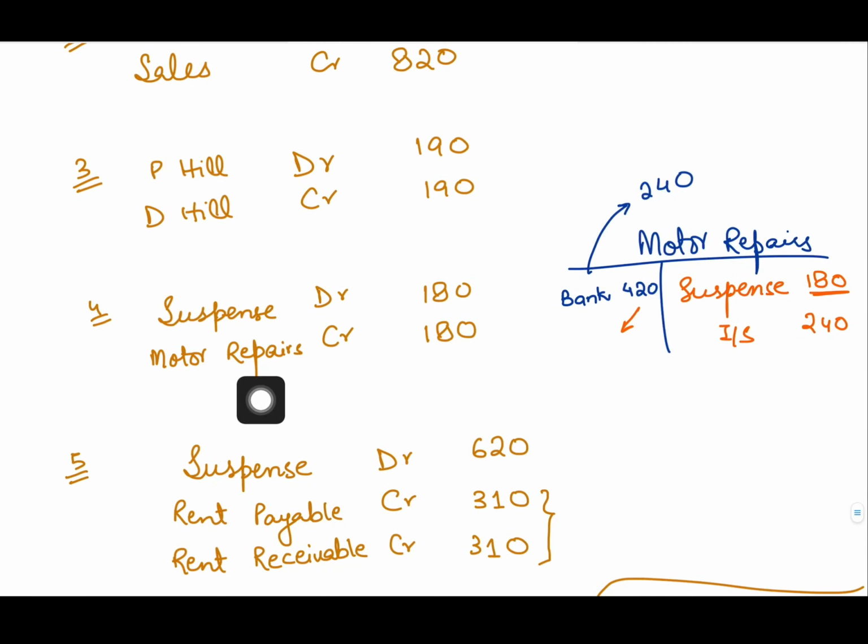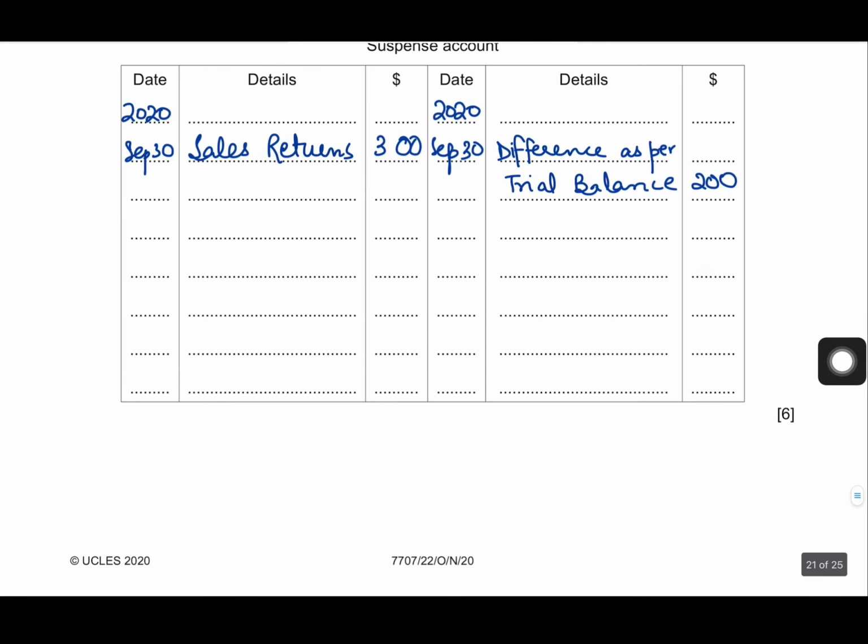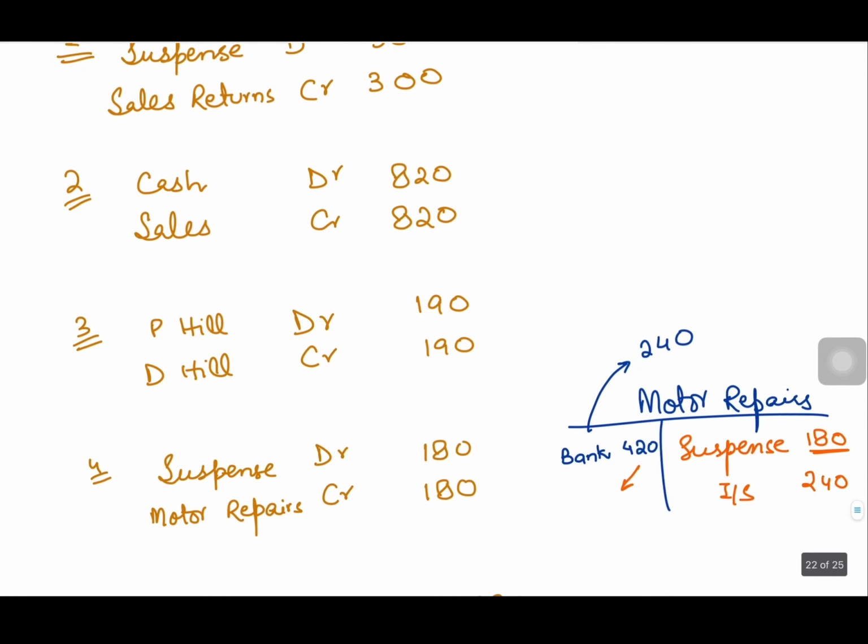Then error number 4. Right, so what did we do over here? We recorded motor repairs as, remember, 420 instead of 240. So therefore, suspense account is now again being debited by 180 because of motor repairs. Same date, September 30th. Done.